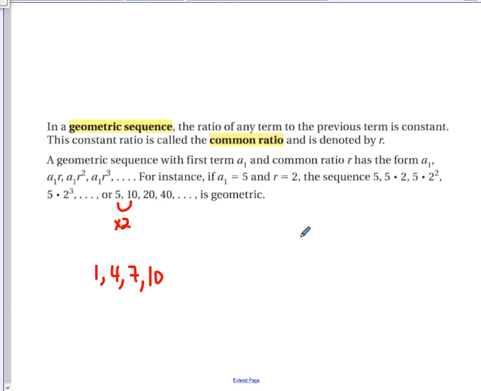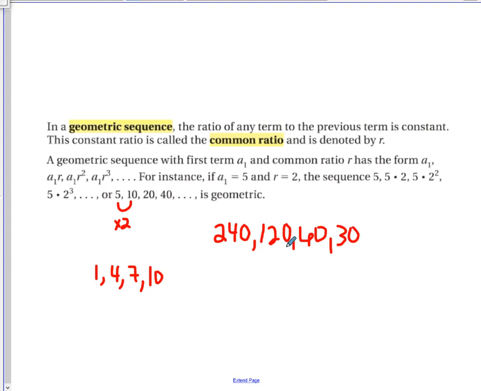You will also see this if we go backwards. Let's say I start with a really big number, like 240. Then my next term is 120, then 60, then 30.